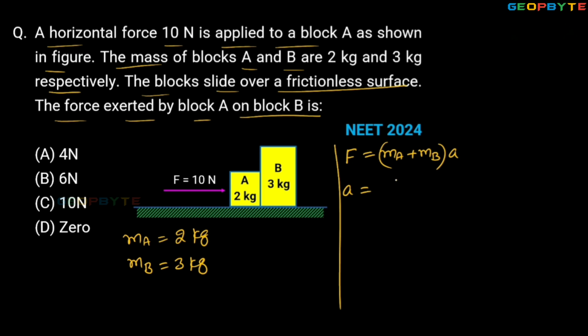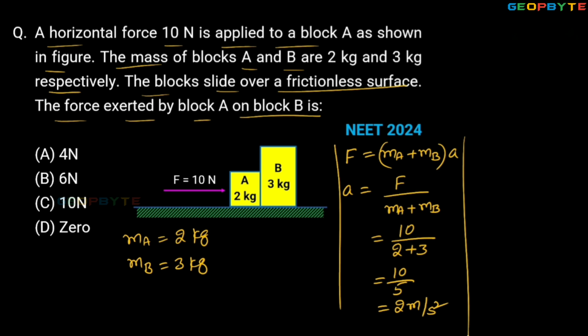Therefore, acceleration equal to external force divided by mass of block A plus mass of block B. External force is given 10 divided by 2 plus 3, which is 5. Total mass is 5, so 10 by 5 equal to 2 meter per second square. That is the acceleration.